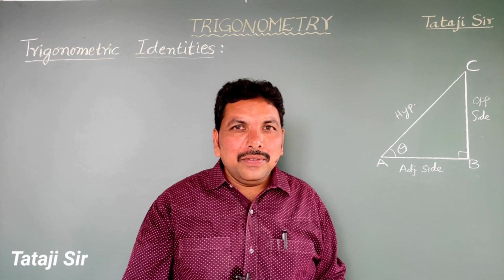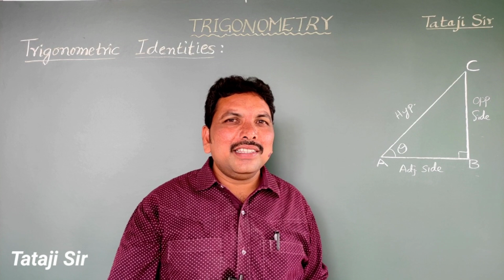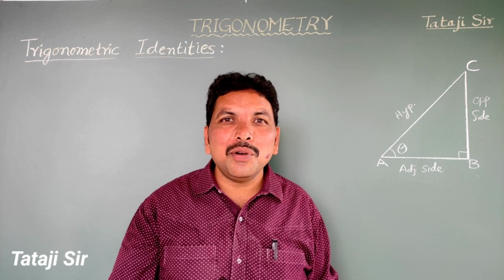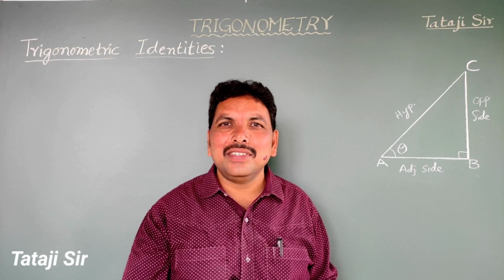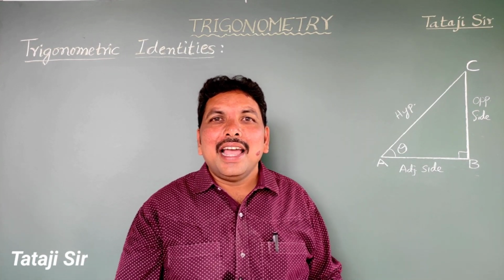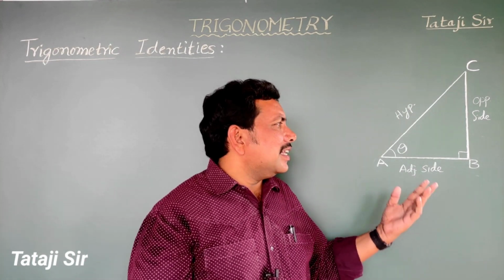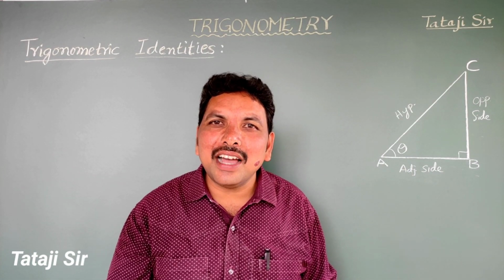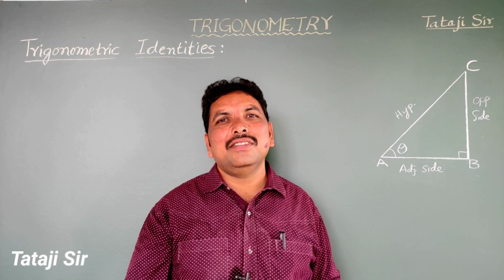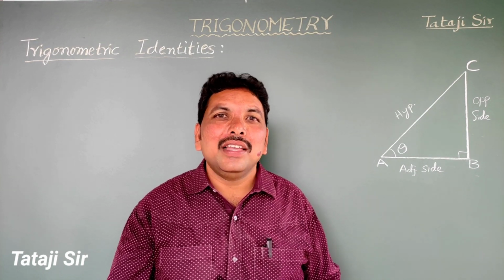Okay, you know the Pythagoras theorem. What is that? In a right angle triangle, the square of the hypotenuse is equal to the sum of the squares of the other two sides. Come again.